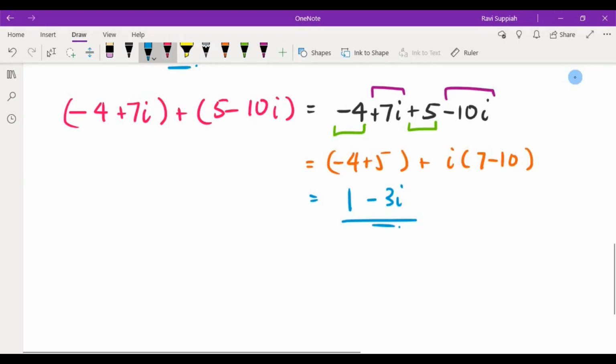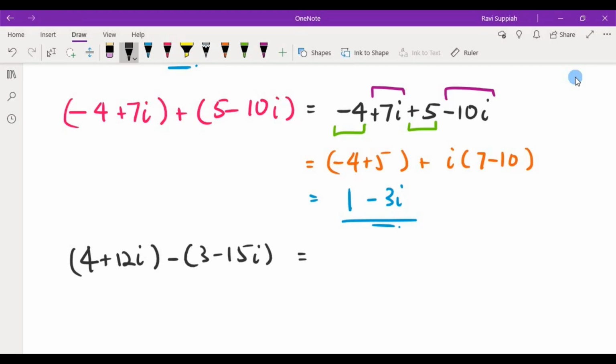Alright, let's look at another example now. 4 plus 12i minus 3 minus 15i. Now, in this example, you will see more clearly why I say opening up the bracket is very, very important. Because when you have a negative sign in front of a bracket, all the signs within the bracket will change once you open up the bracket. For the first bracket here, there is no change: 4 plus 12i.